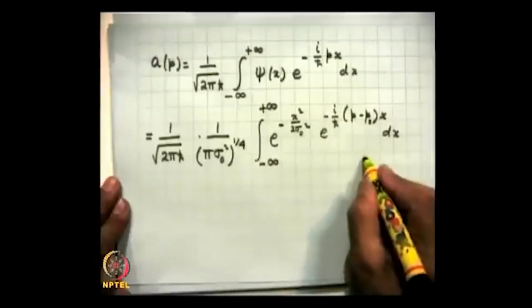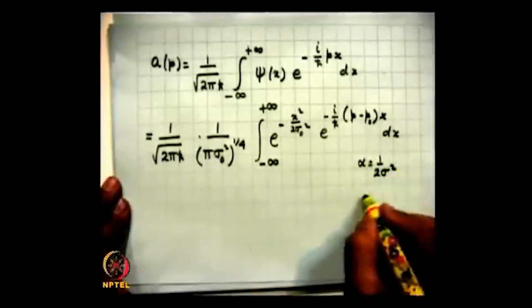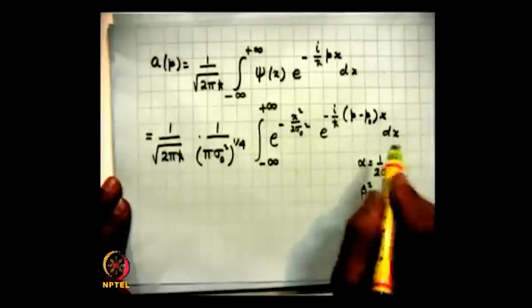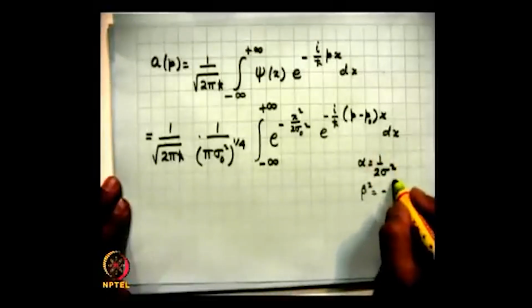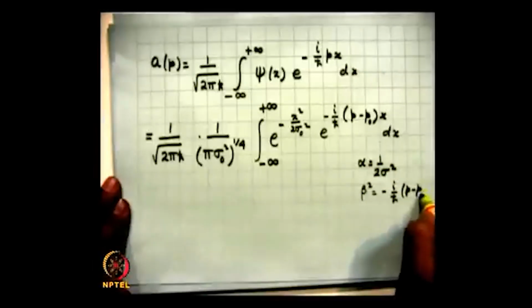So, here alpha is equal to 1 over 2 sigma square, and beta, as you can see, is such that beta x is equal to minus I by h cross, p minus p naught.